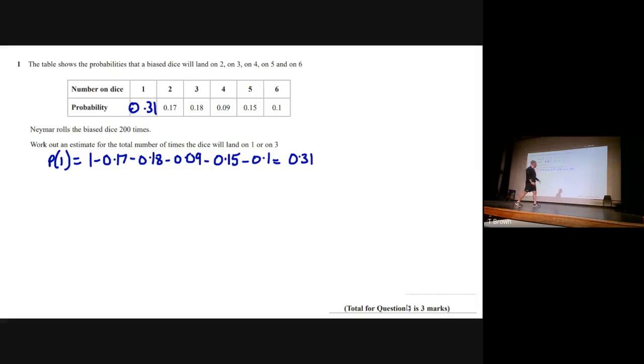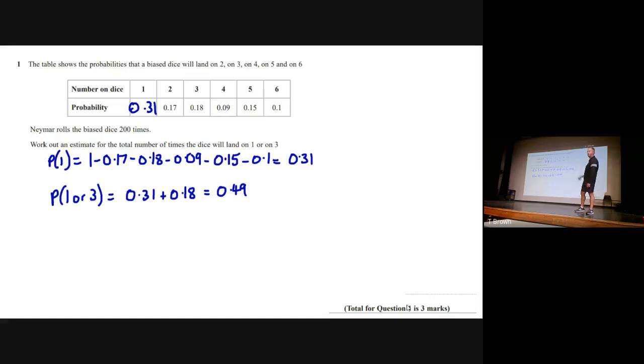So we know it's a 31% chance of getting a 1. You've got to work it out for the 1 or the 3. So the probability of a 1 or a 3, you add the 2 together, so you've got 0.31 and 0.18. That gives you a probability of 0.49. So then you've got to say how many times.